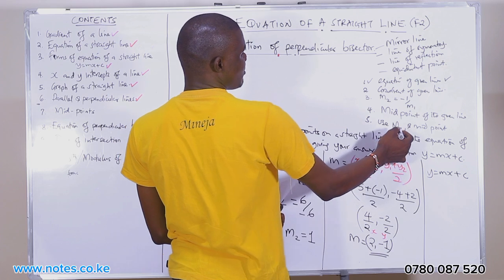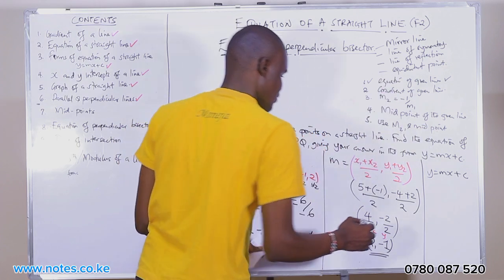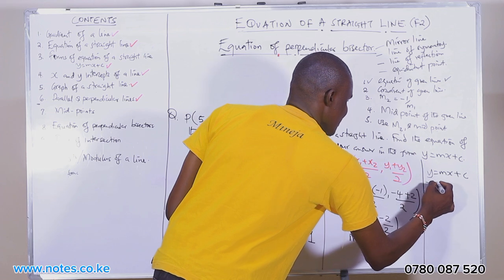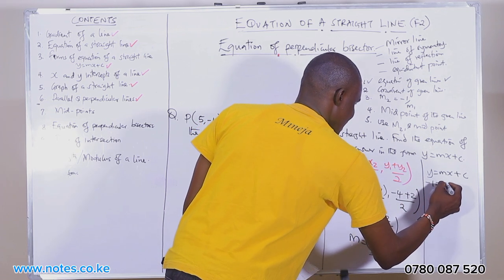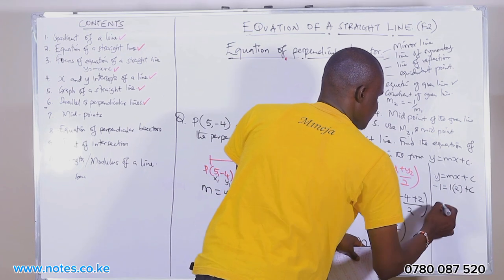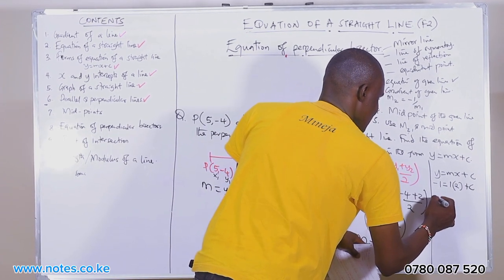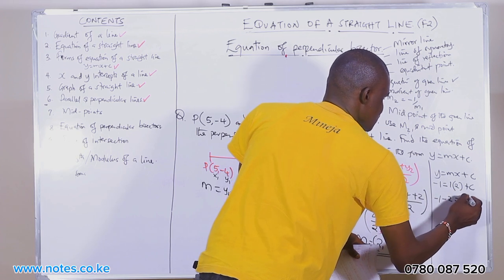Remember we are using the midpoint of the line and M2 to find the equation. So we're going to say -1 equals m, which is 1, times x, which is 2, plus c. So -1 minus 2 equals c.